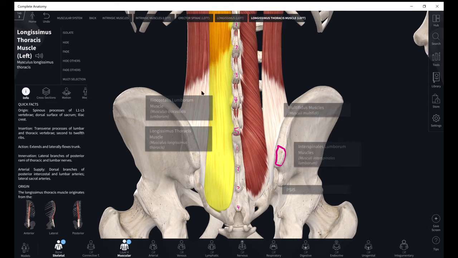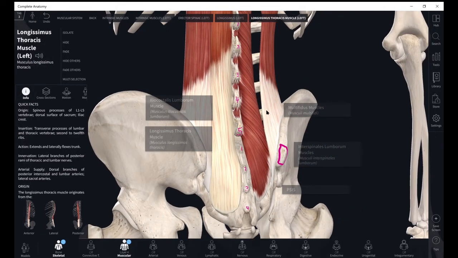When we look at the iliocostalis a little bit more laterally, you can palpate the distinction between iliocostalis and longissimus. But its origin, spinous processes, well, on up, but of L1 through L5, and the dorsal surface of the sacrum and the iliac crest, and then it inserts into the transverse processes of the lumbar and the thoracic vertebra from the 2nd to the 12th ribs.